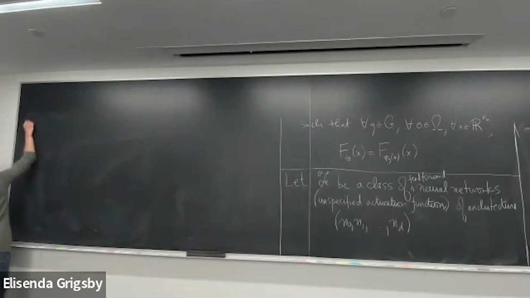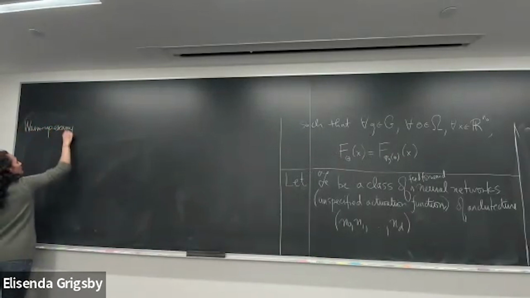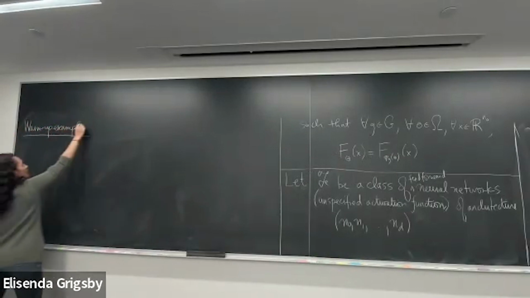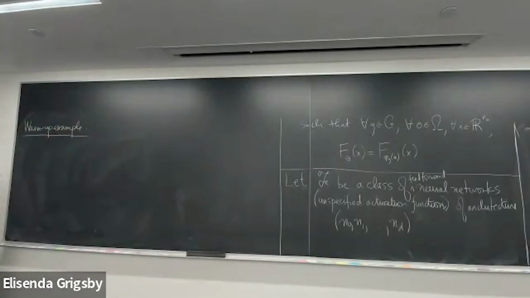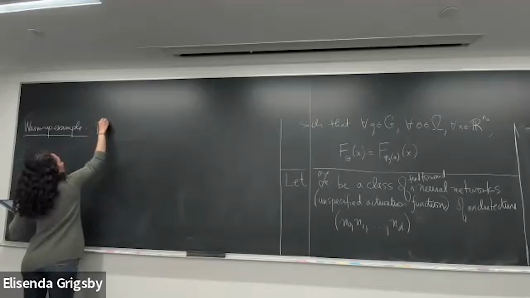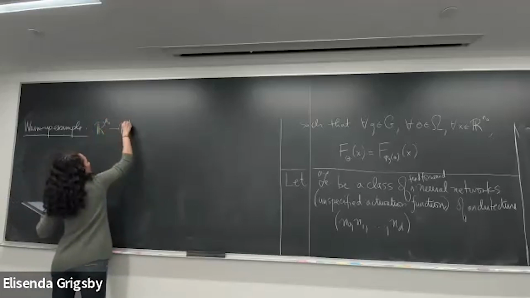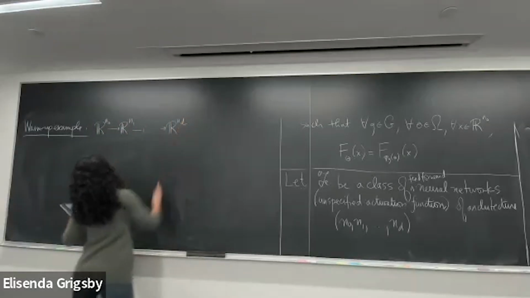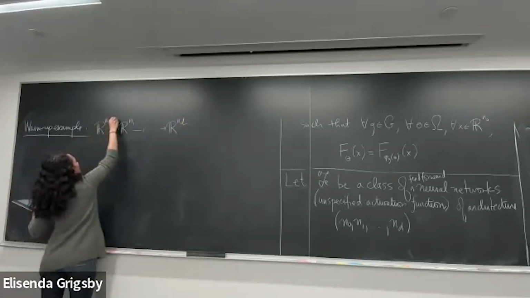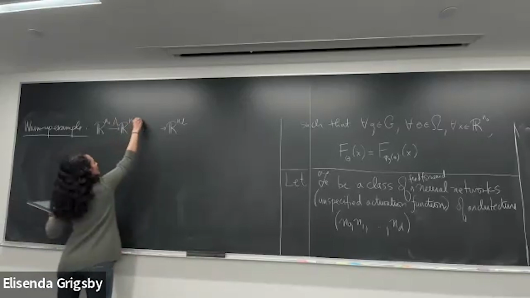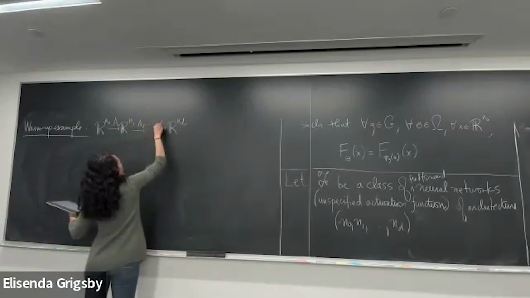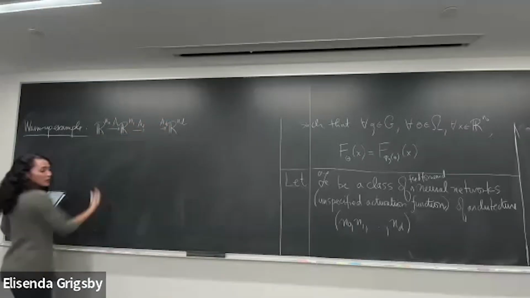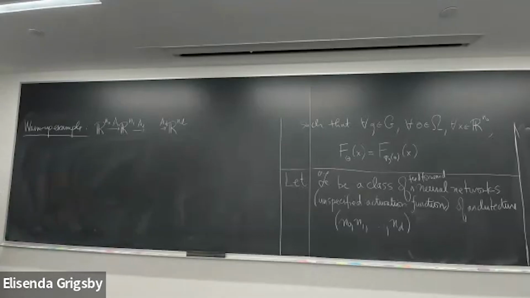So let's start with this warm-up example, where you don't have any activation function at all. So this is just a neural network that is a composition of affine linear maps, but you're not post-composing with any kind of component-wise nonlinearity.